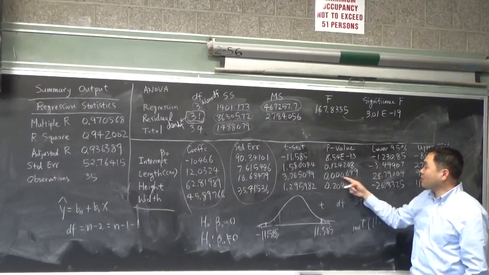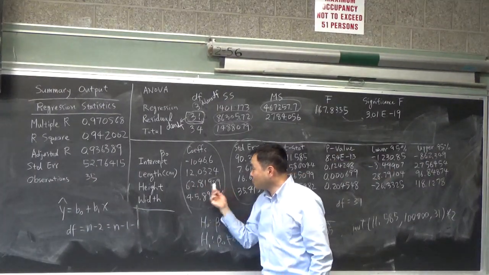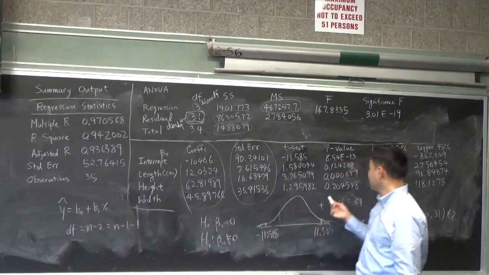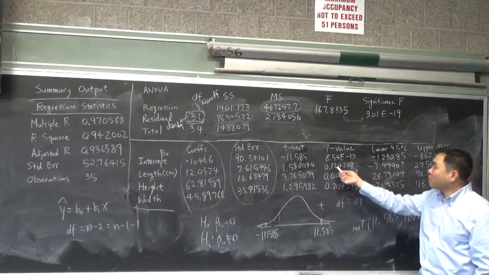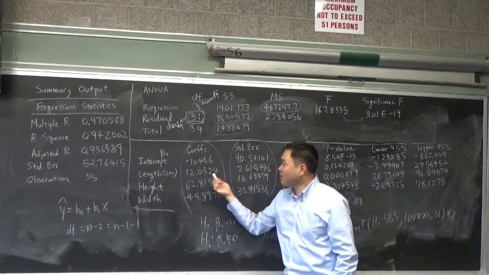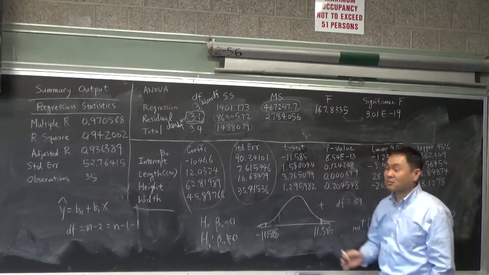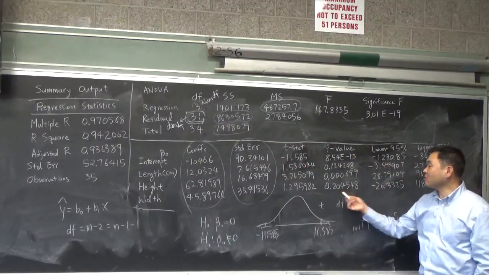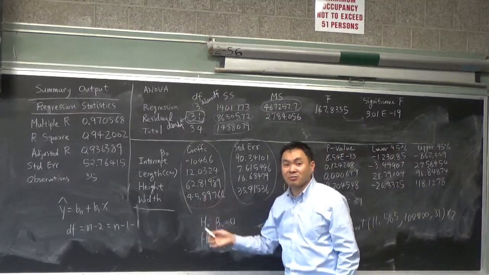And even this one, there's no way that your height would have such a big coefficient. Okay? So that's what this is. However, there's like a 12% chance that you would have gotten a length coefficient something like 12, just by chance. The same thing here. There's a 20% chance that you would get a number like 45 just by chance.